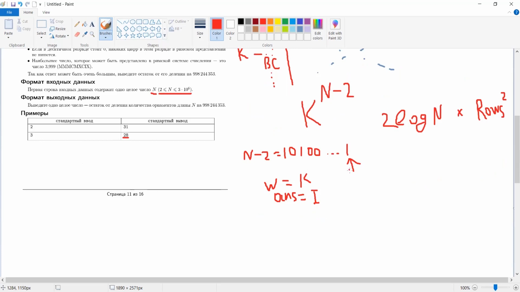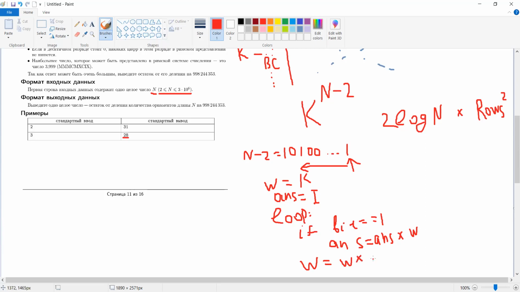Then we start going in the loop. So if this bit equals 1, then the answer is multiplied by W. In both cases, the next value of W is W squared.